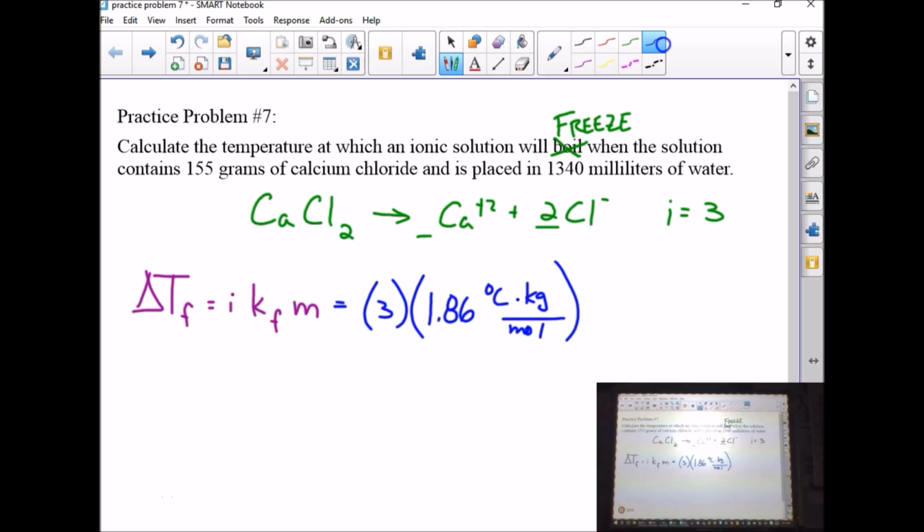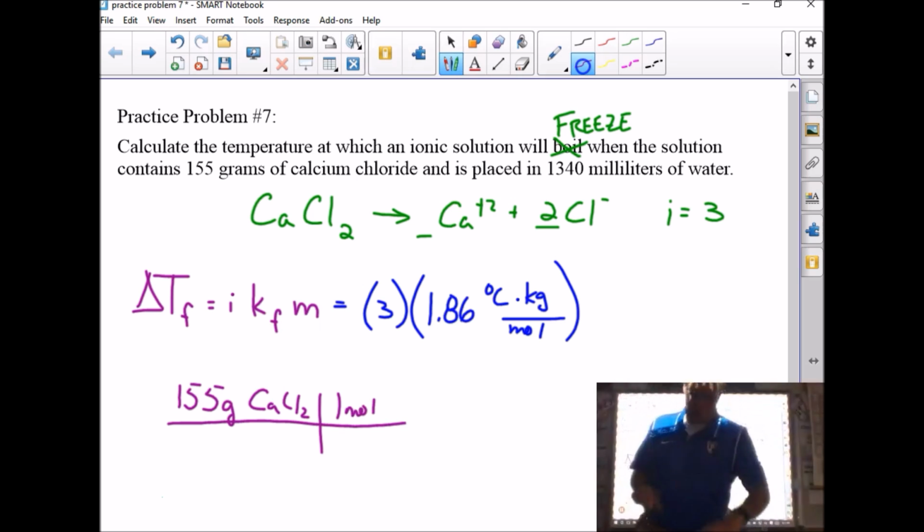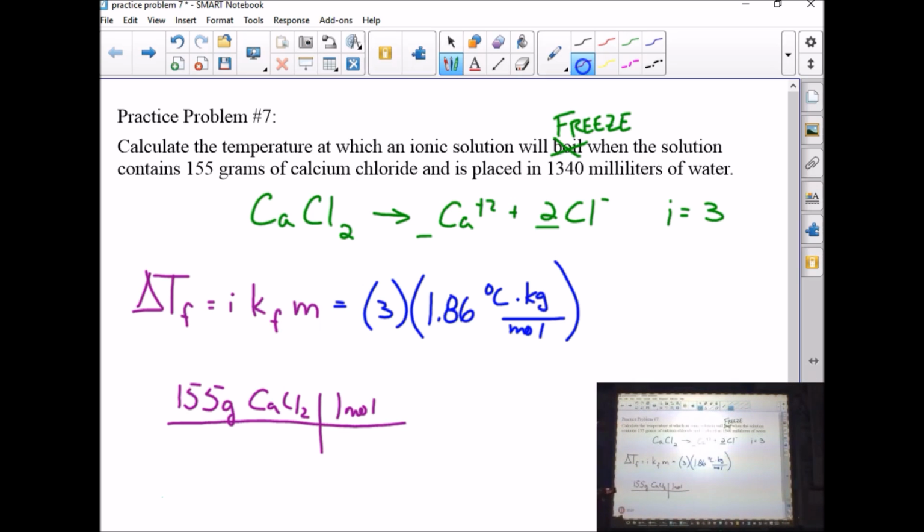And we need to find out, do we have the number of moles? We do not, so we need to find it. So take your grams and convert it to moles. So 1.55 grams of calcium chloride, 1 mole of that. Calcium 40.008 plus 2 times 35.45, so around 110.98.